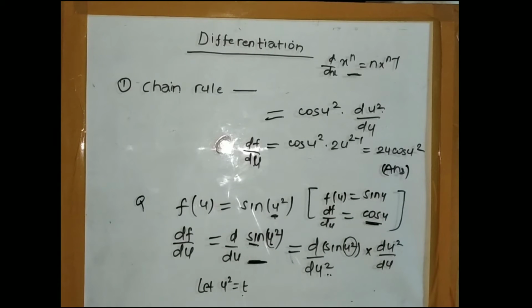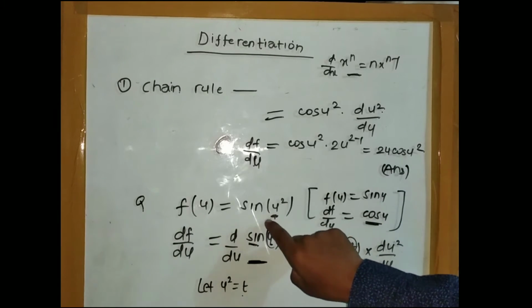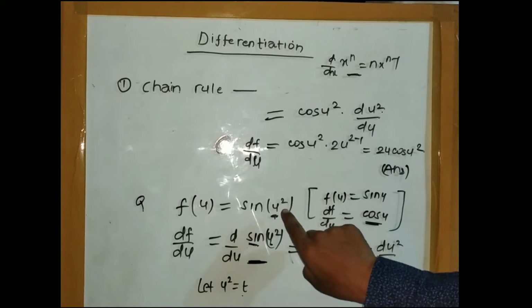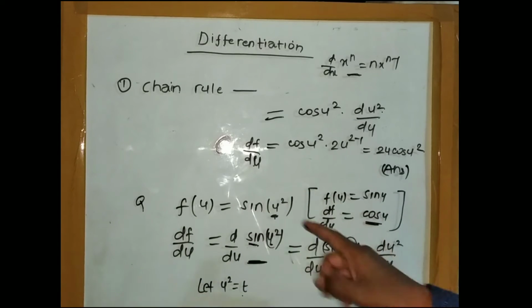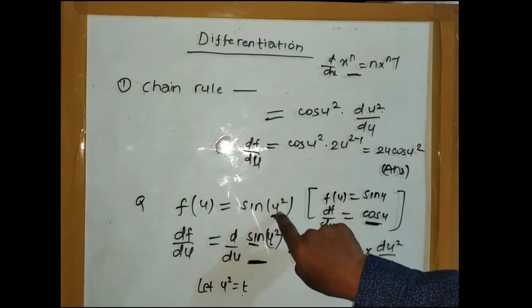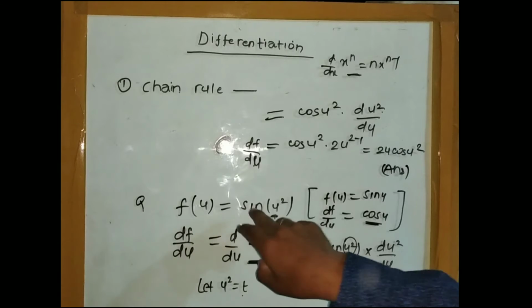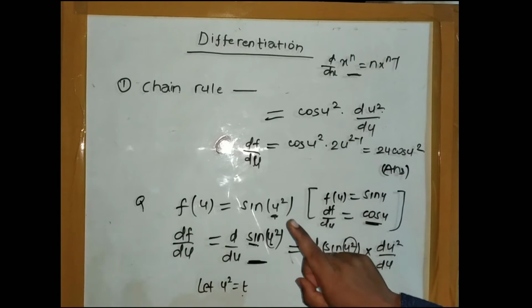If you do not understand this, I repeat once again. Here the function given is sine u square. Suppose the problem were f of u equal to sine u, then we would simply say the derivative of sine u is cos u directly. But here u square is given, so we cannot directly say that the derivative of this function is cos u square. We use the chain rule.